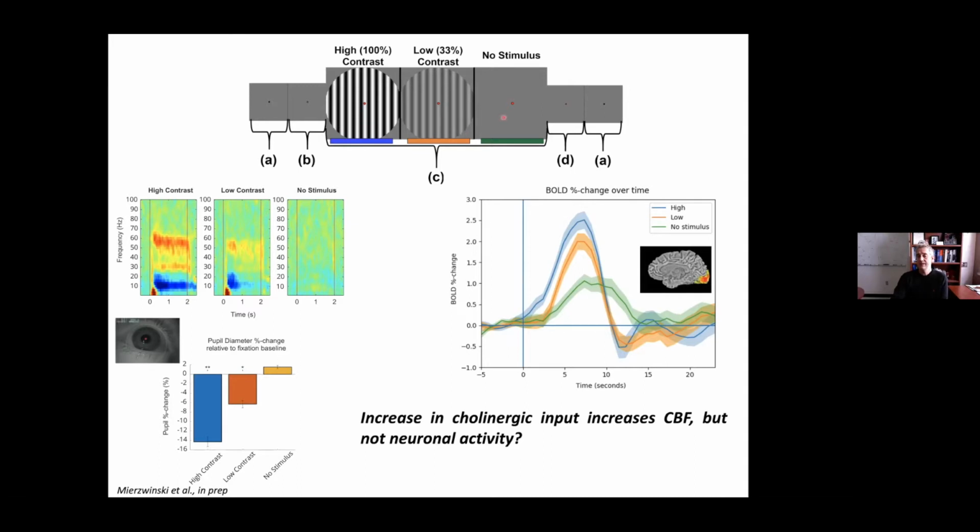But in some cases, no stimulus would show up at all. So there was no visual input. And so, of course, when there's no visual input, we measure no EEG signal. But when we looked in the visual cortex in terms of BOLD, we nevertheless saw an increase in the BOLD signal, despite the fact that there was no visual input falling on the retina.